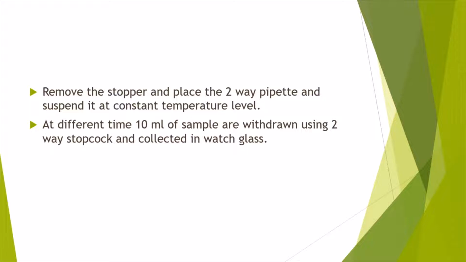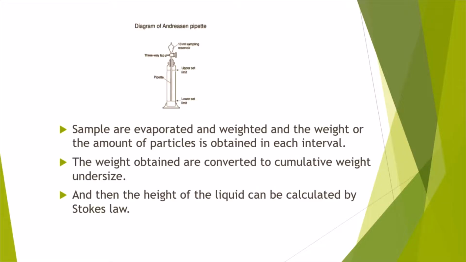Then after some time we have to remove the stopper, place the two-way pipette, and suspend it at a constant temperature level. At different time intervals, 10 ml of sample should be collected for checking, and this 10 ml of sample should be kept on a watch glass for further evaluation.